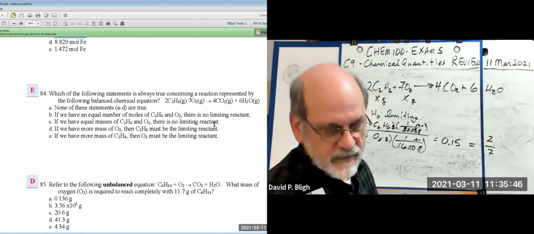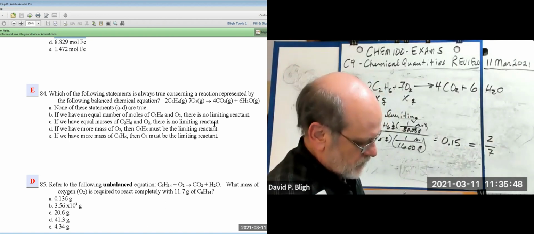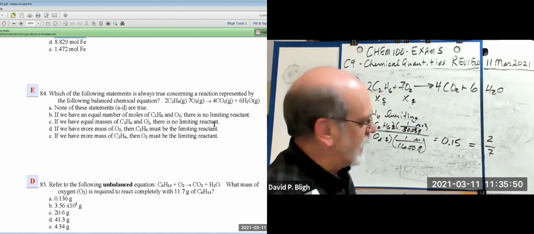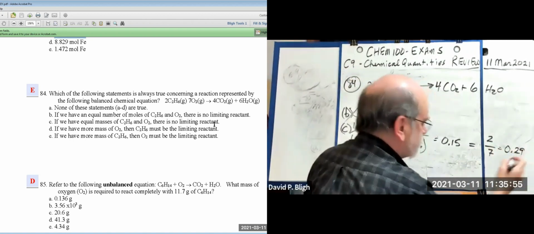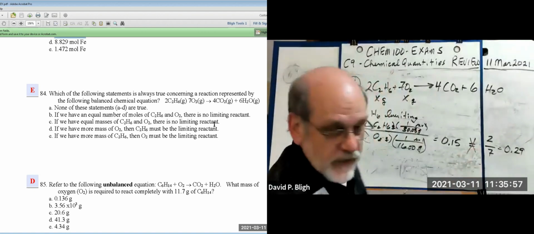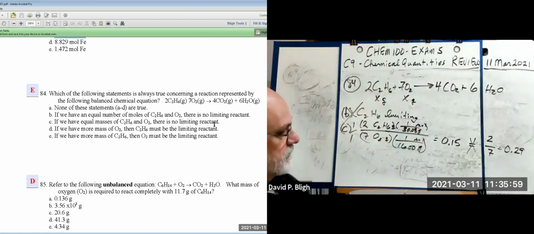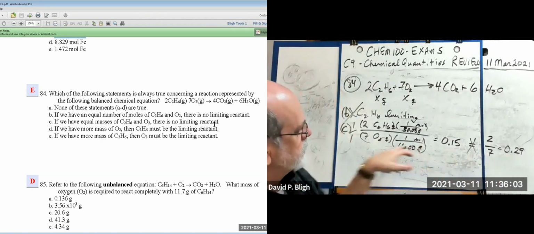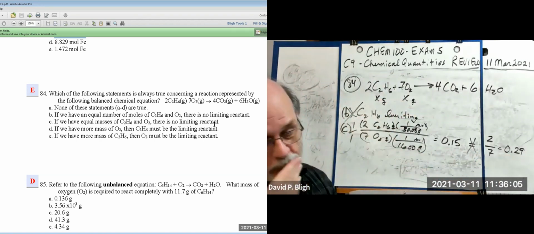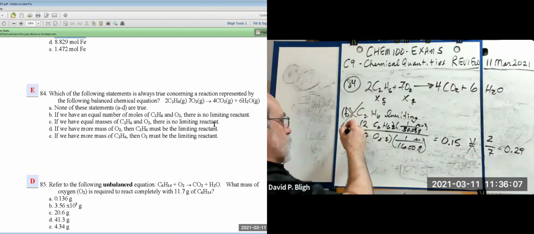What's 2 divided by 7? It's 0.29. So that's not the right ratio. Right? 2 to 7 is the correct ratio. This is the ratio that's given with equal masses. So C is wrong.